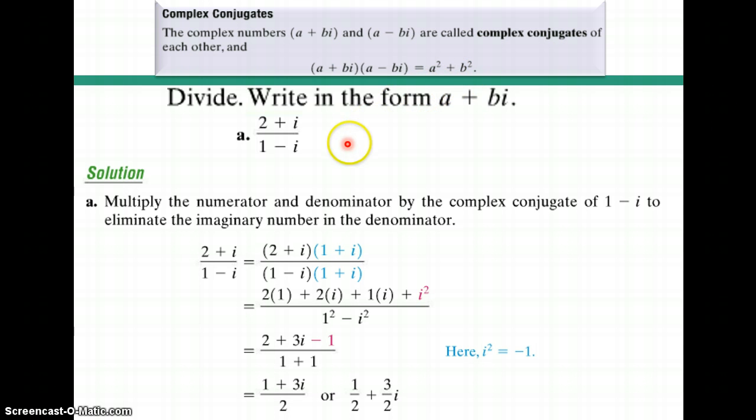So whenever we divide a complex number, you have to multiply the complex conjugate of the denominator with the numerator and denominator, so that we can eliminate the imaginary parts and write it in the form of a plus bi.